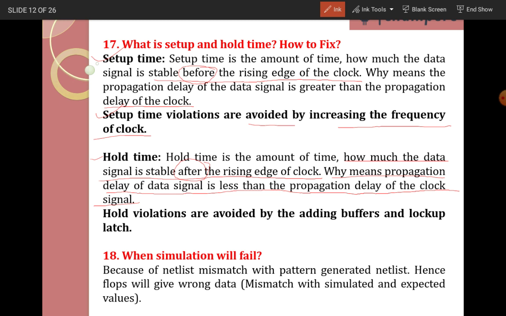Hold violations are avoided by adding buffers and lockup latches. With lockup latches you can solve hold violations.